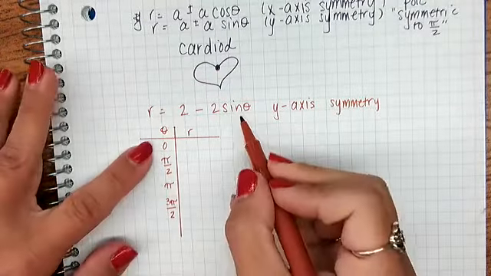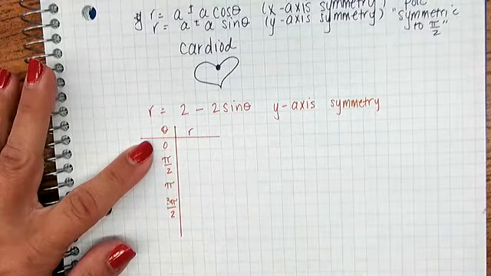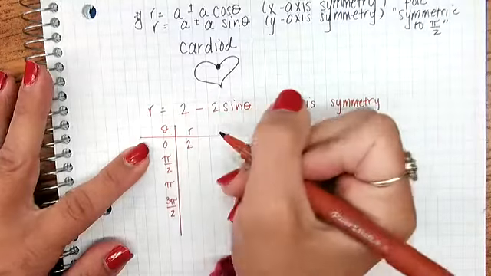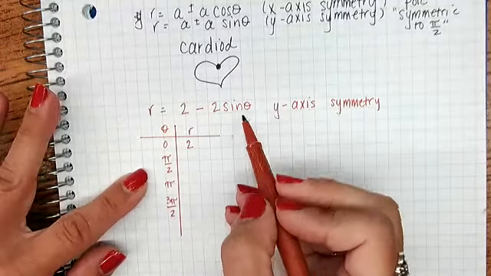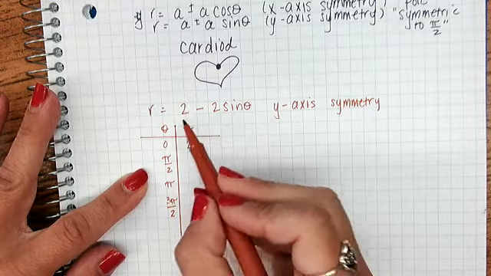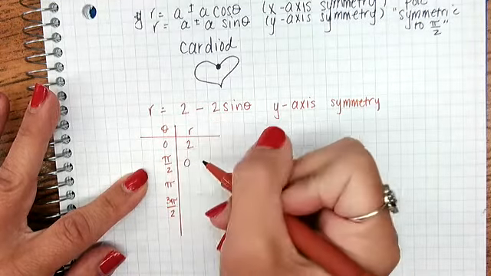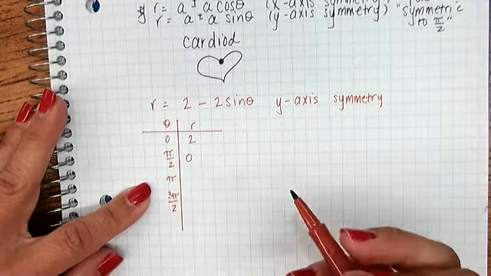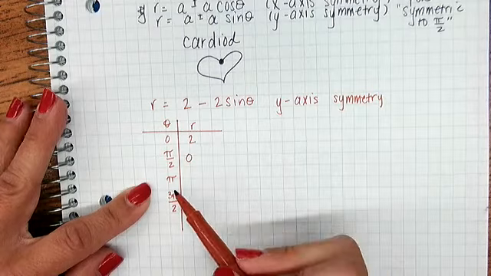If you plug in 0, the sine of 0 is 0, times 2 is 0, 2 minus 0 is 2. Pi over 2: the sine of pi over 2 is 1, 2 times 1 is 2, 2 minus 2 is 0. Plug in pi, we're not really going to have to do that.